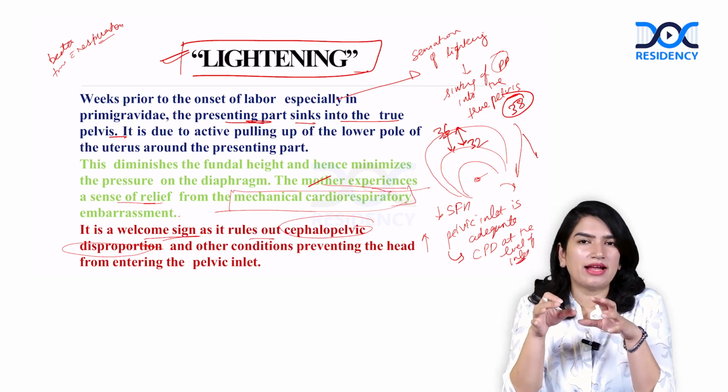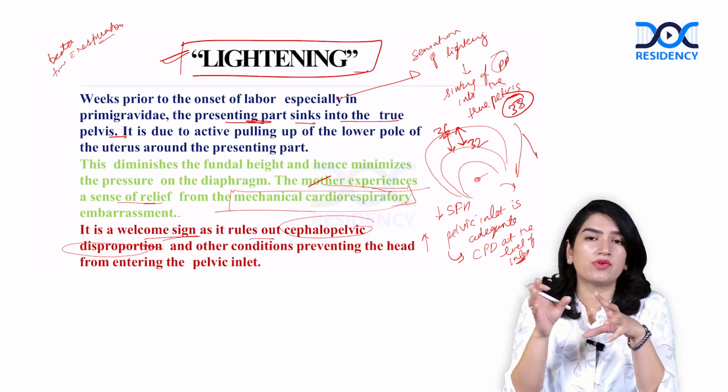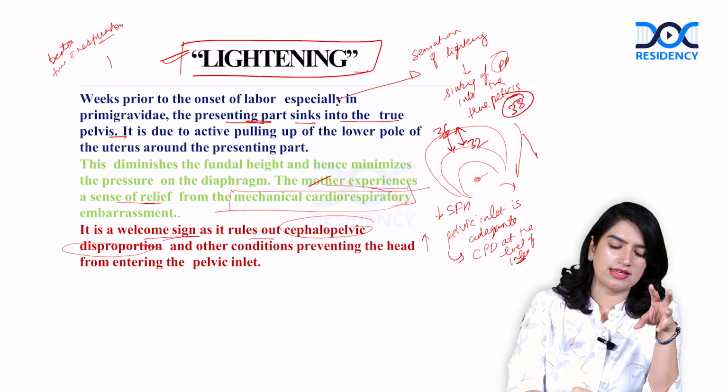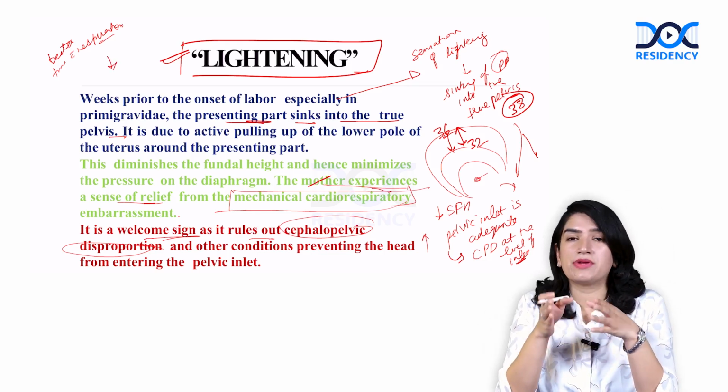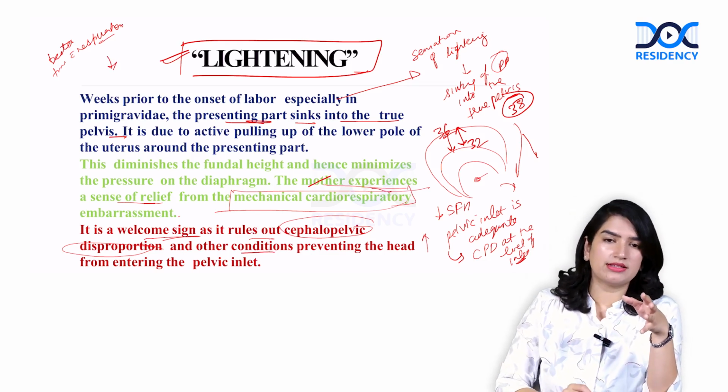It also tells you that the fetal head is bound to be well flexed, because if the head was deflexed, this sinking down does not happen and the presenting part does not sink into the pelvis. What about other conditions?